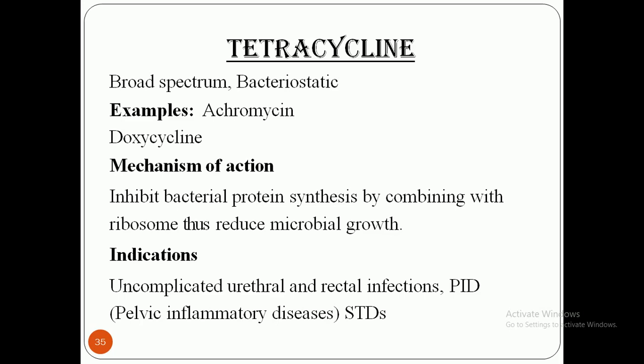So you will have to inhibit the growth of the proteins found inside the body of that particular microorganism, with the help of these antimicrobial agents. Thus it reduces the microbial growth.